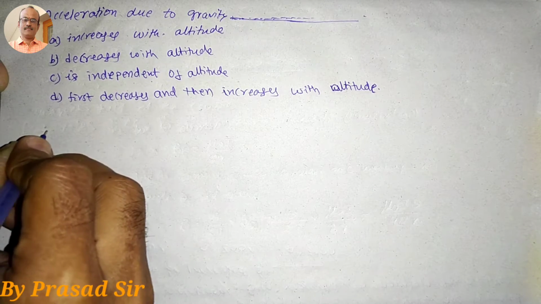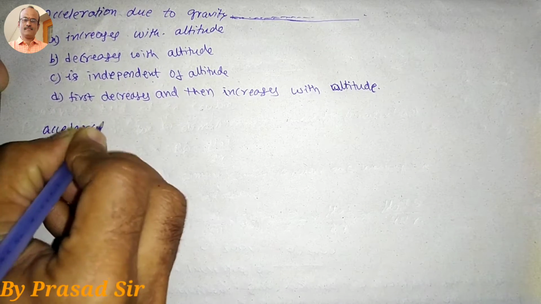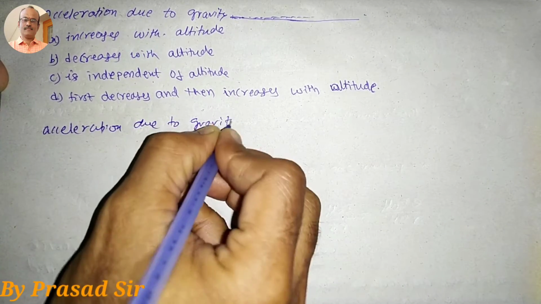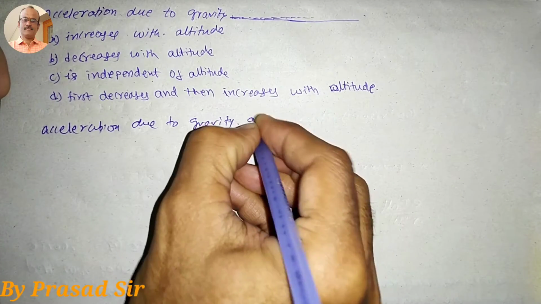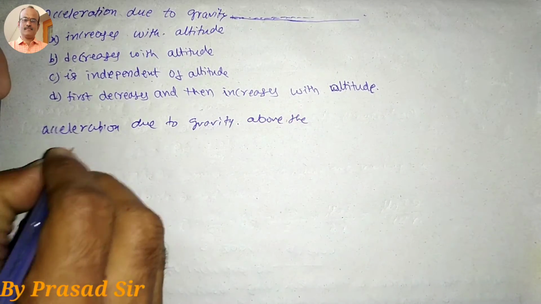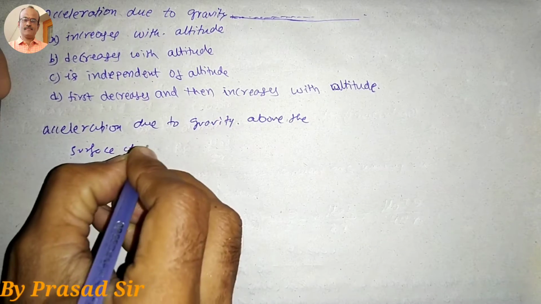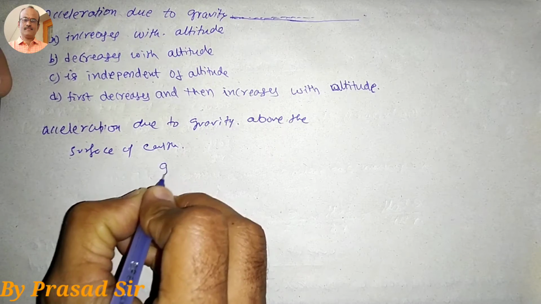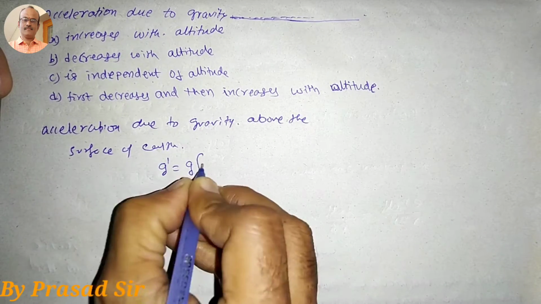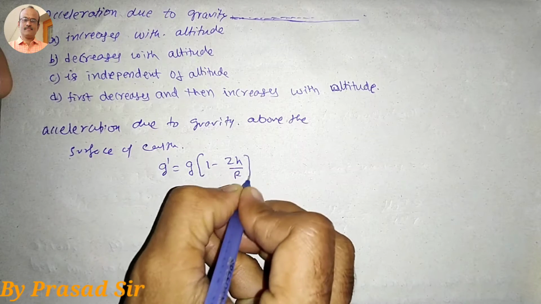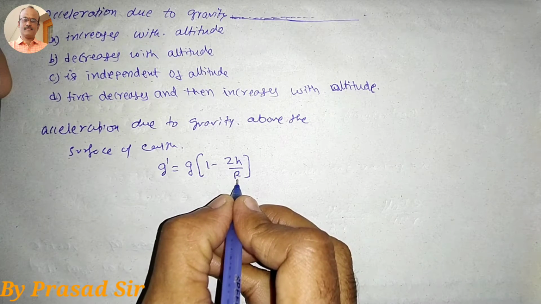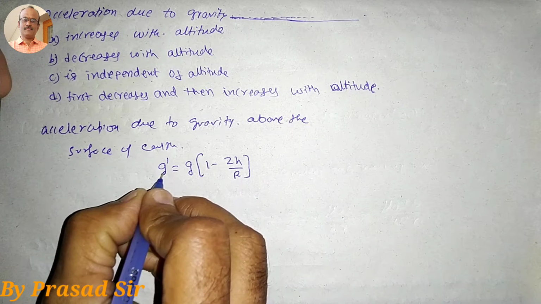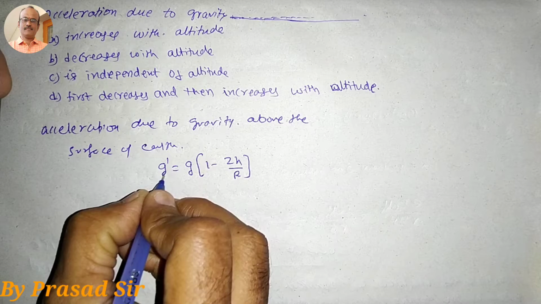So first of all, we know that acceleration due to gravity above the surface of earth can be calculated by using one formula, that is g dash is equal to g times 1 minus 2h by R. So R is nothing but the radius of earth. g dash is nothing but acceleration due to gravity at some particular height.